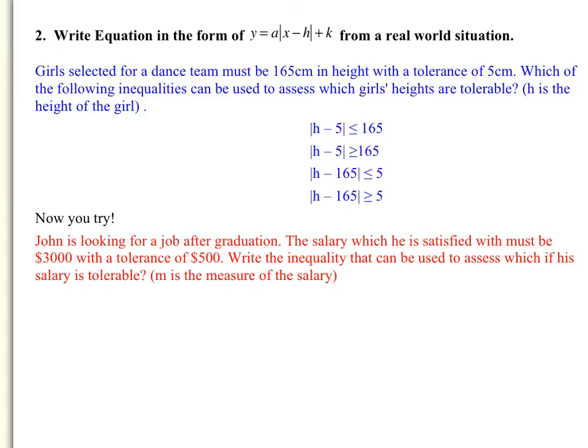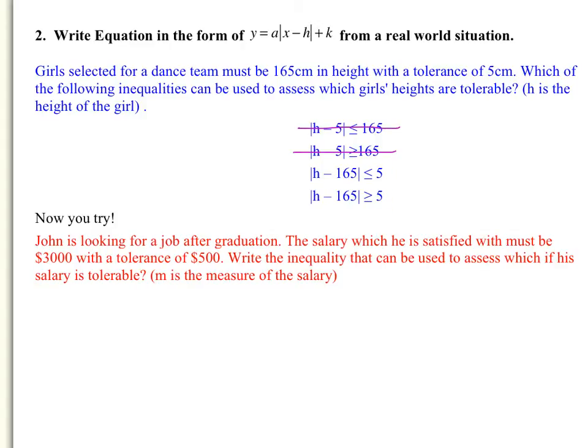We need to take the girl's actual height, and if we subtract the desired height, that's where we have the tolerance of 5 centimeters. So right off the bat, I can mark these 2 out. I need to take the height of the girl and subtract the desired height. And we know that the tolerance is 5 centimeters.